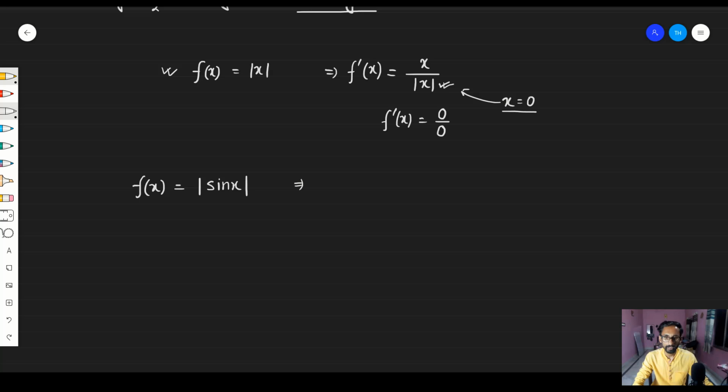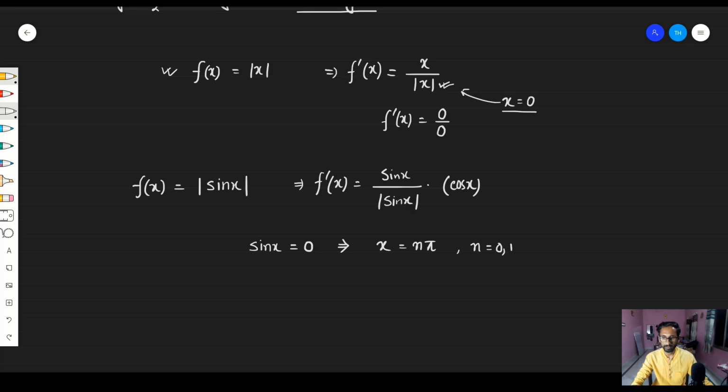So in the same way, the derivative of the function will be sin x by mod of sin x into the derivative of sin x, which is cos x. Now again, the denominator contains sin x. Now we know that for sin x equal to 0, the solution is x equals n pi, where n is 0, 1, 2, all the integers.